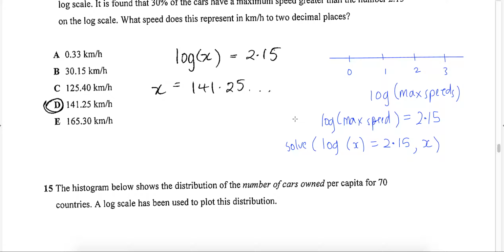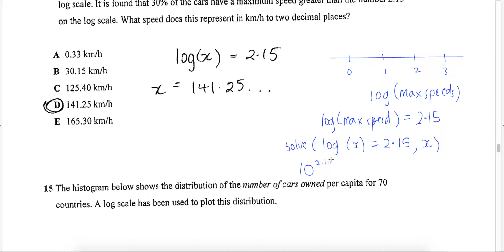The other way is the log value itself is giving you whatever power we put on the number 10 to give us 2.15. What this log is doing is it's saying what number, when we raise 10 to the power of 2.15, will give us the max speed.